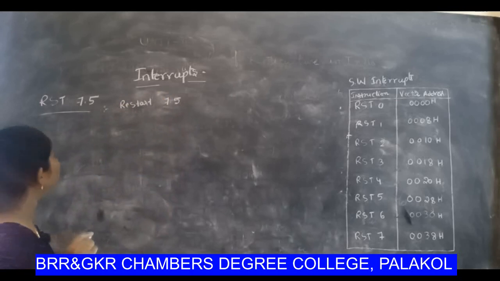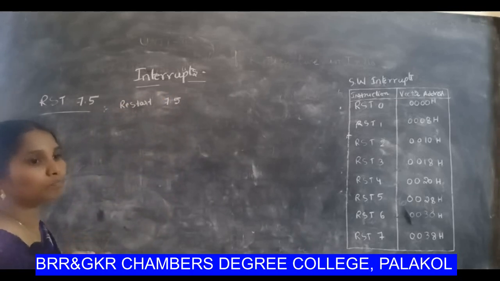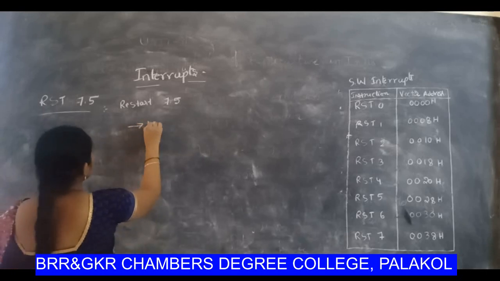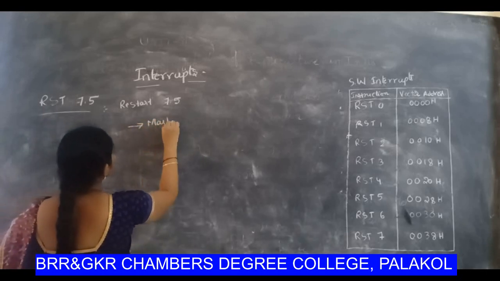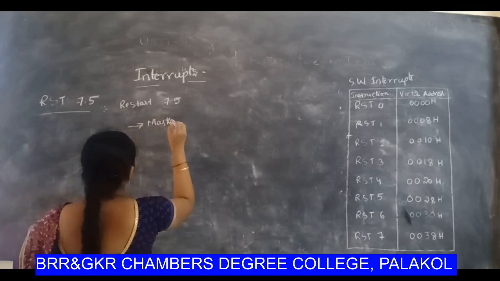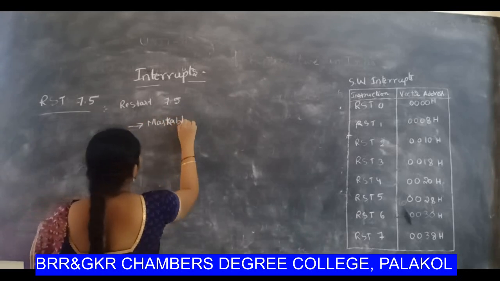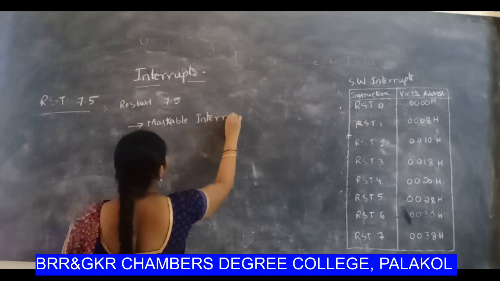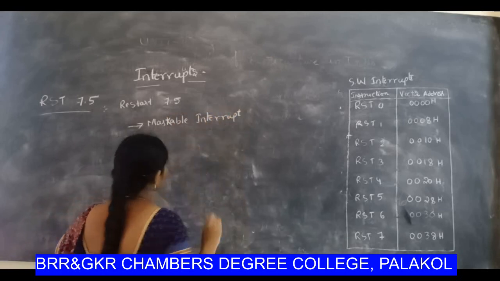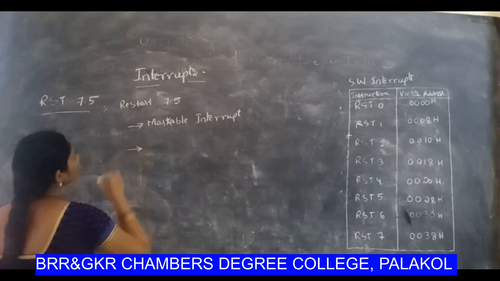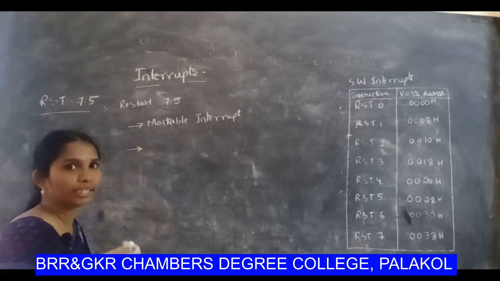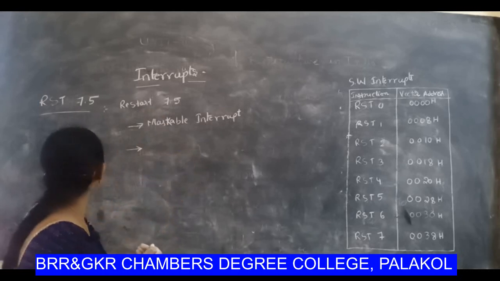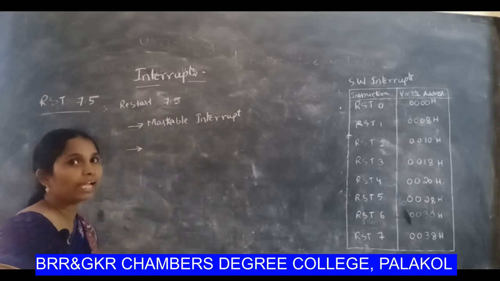It is a maskable interrupt, and it is the second priority interrupt. So trap is the highest priority, and RST 7.5 is the second highest priority.